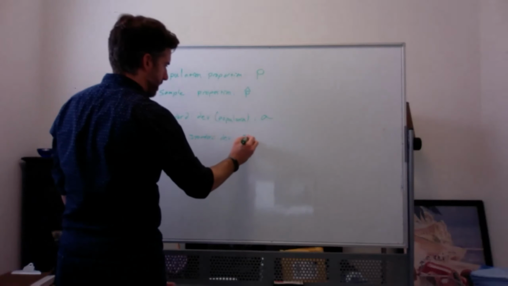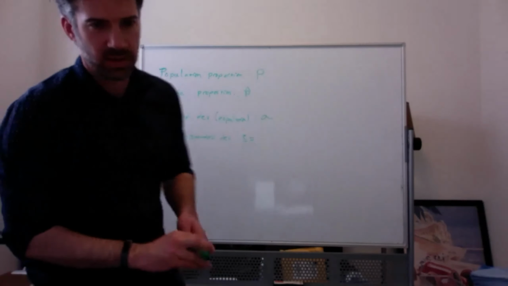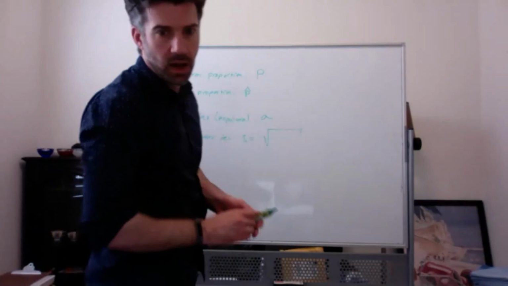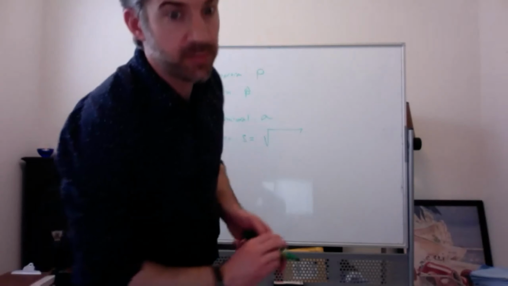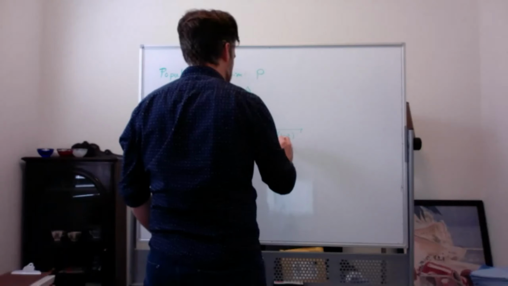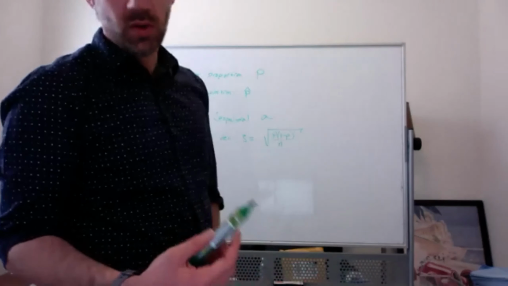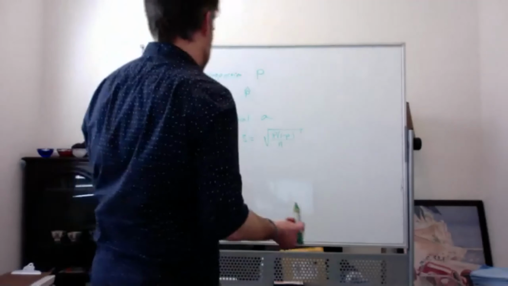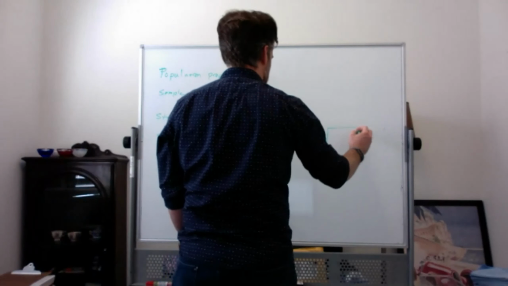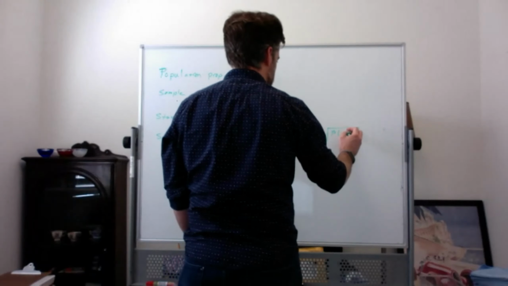is given by S, and it's calculated as the square root of P times 1 minus P over N. Since we don't usually know the true population proportion, what we usually do instead is use the square root of P hat times 1 minus P hat.